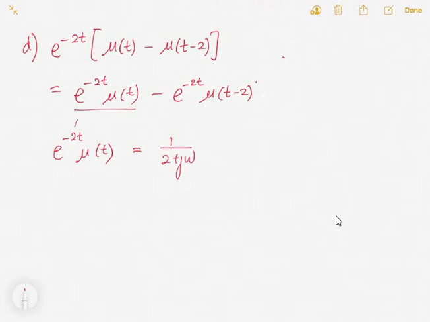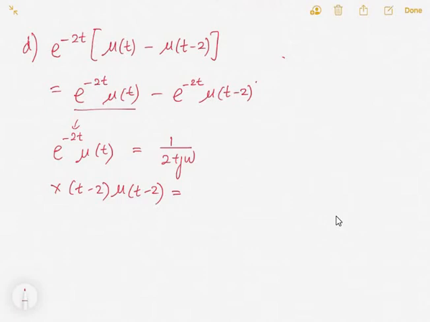Now what if the shifting, e^(-2(t minus 2)) u(t minus 2)? Do you still remember this one?